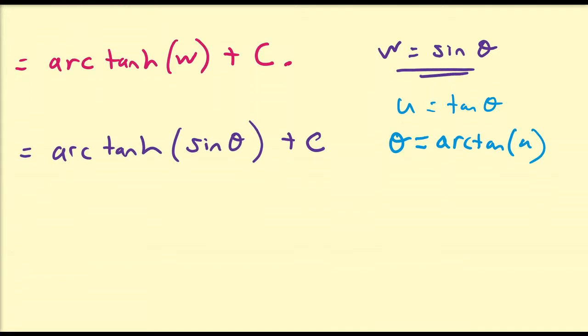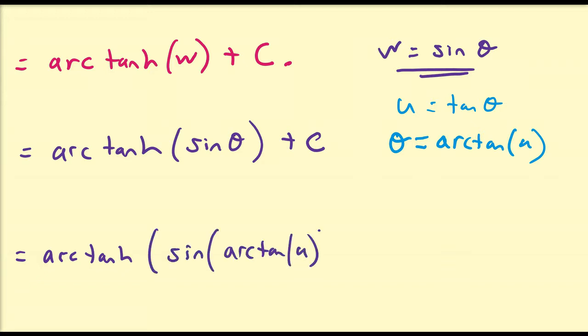Okay, so that's going to give us the sine of an arc tangent of something, right? So let's bring out a triangle to sort of see that out. So we're in the process of evaluating the sine of the arc tangent of u. So let's see if we can figure out another way of writing this.